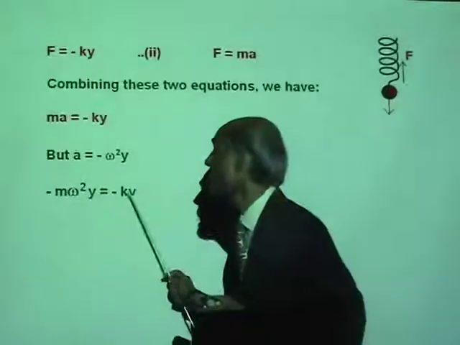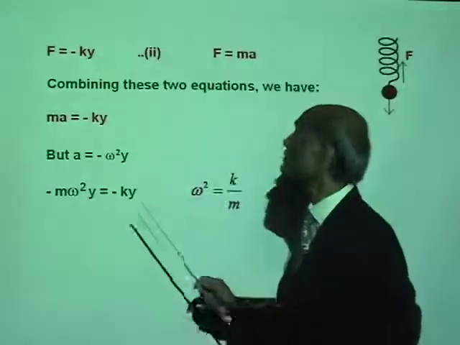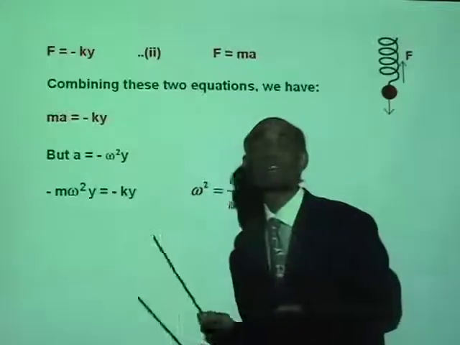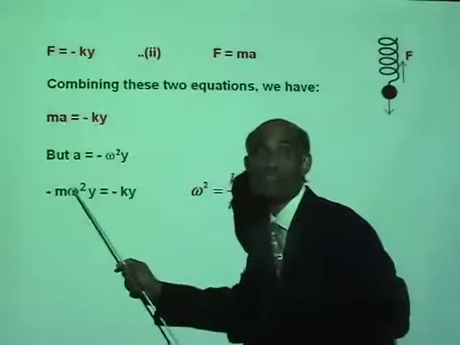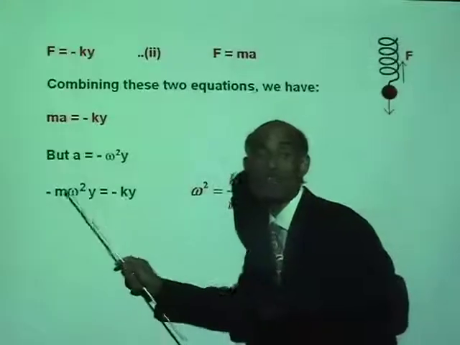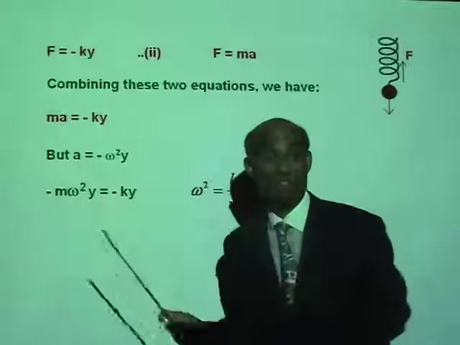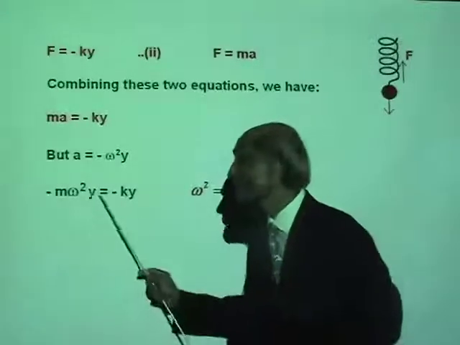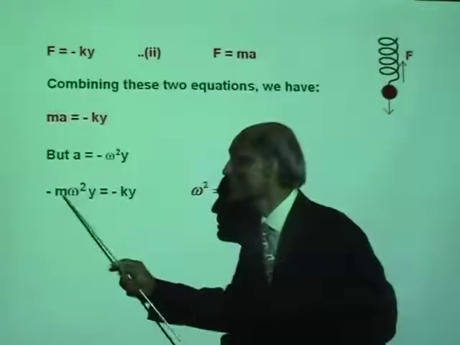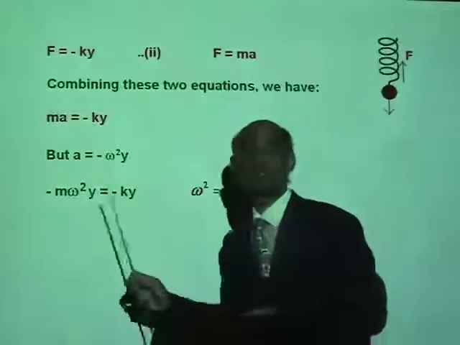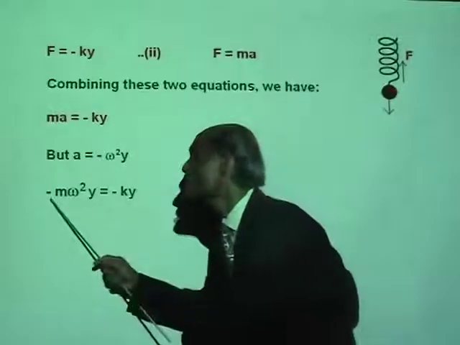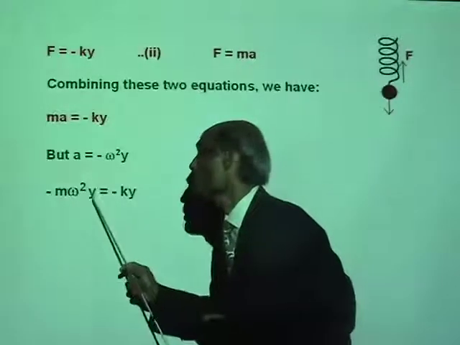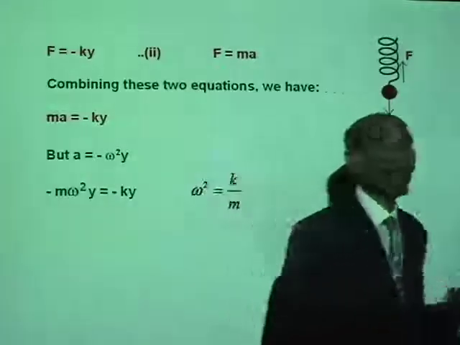And you can see y will cancel from both sides, and you can solve for omega squared. Negative on the left and negative on the right will make it positive. y and y will cancel. Well, the simplest way is to divide both sides by negative my.